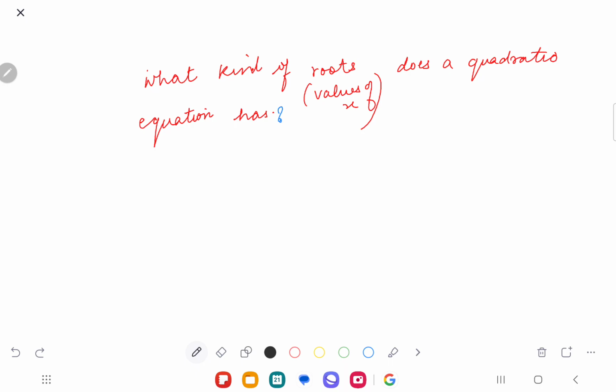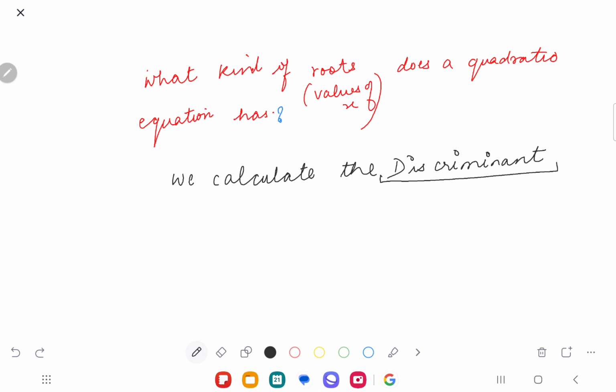So how do we actually check? We calculate the discriminant. What is discriminant? Discriminant means somebody who can discriminate. Discriminate amongst what?